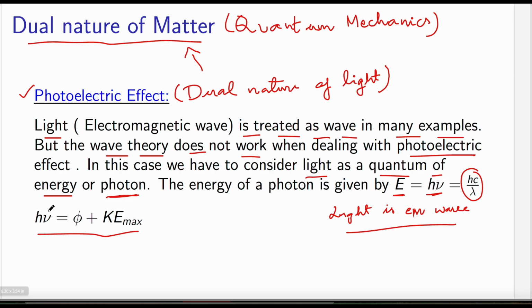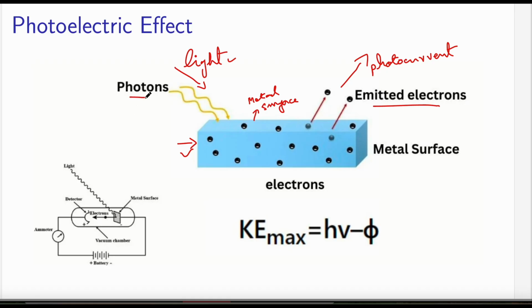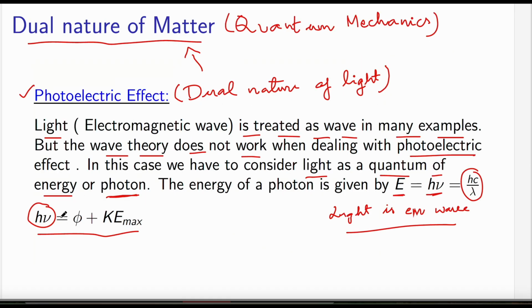He said that the light, the photon that is emitted, so here I have written photons. Photons are particle-like structures which contain energy E equals h nu. When a photon is absorbed by an electron, part of this energy goes into overcoming the barrier at the surface.